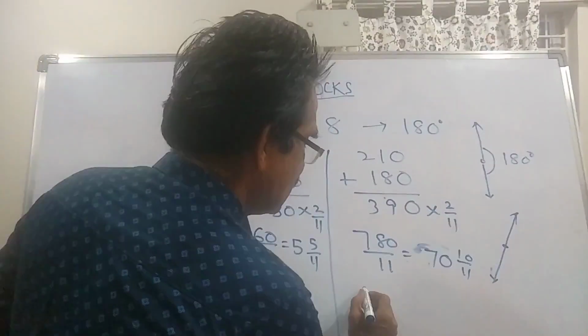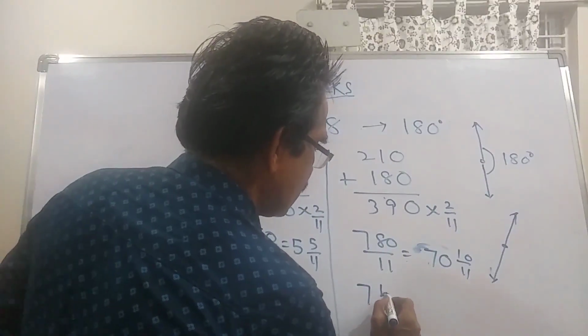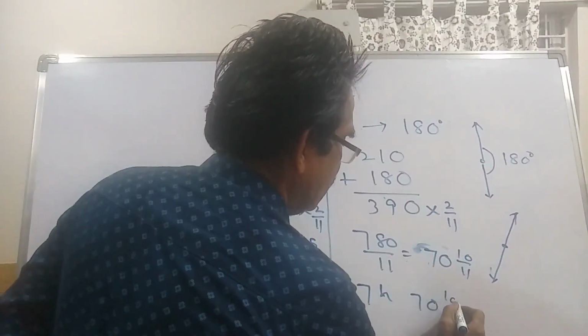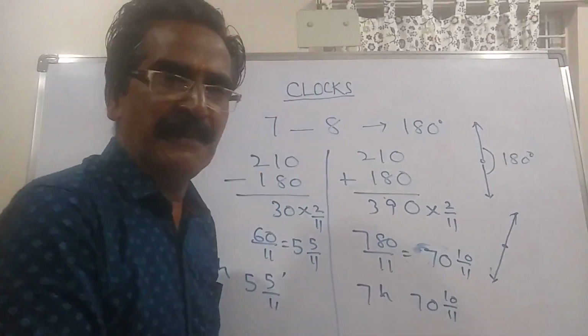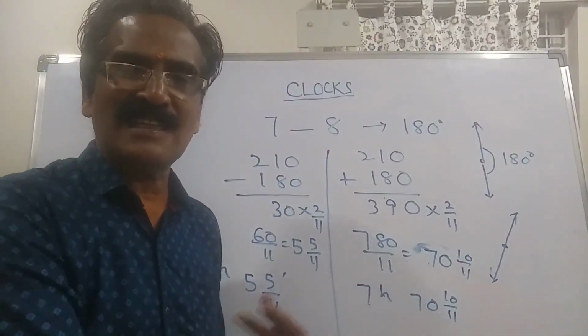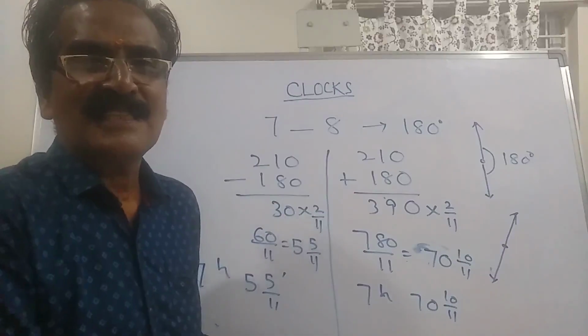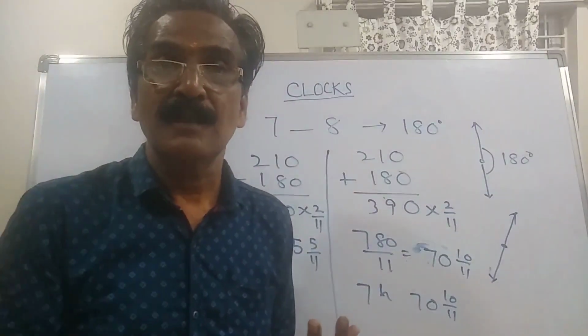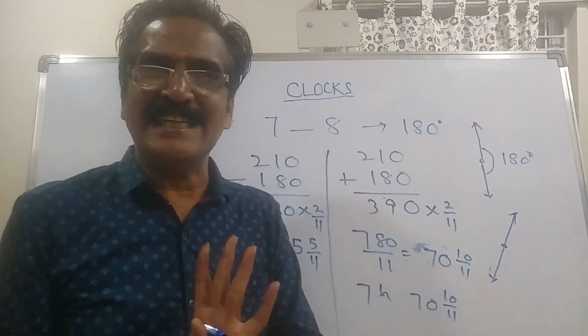That is 7 hours 70 10 by 11 minutes. 70 minutes means it crossed 8.